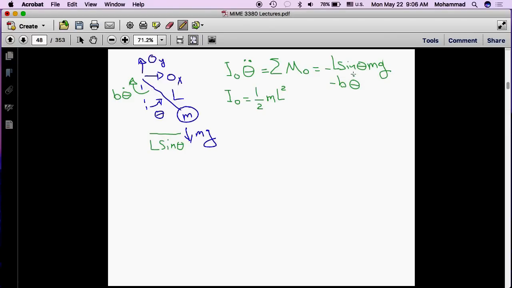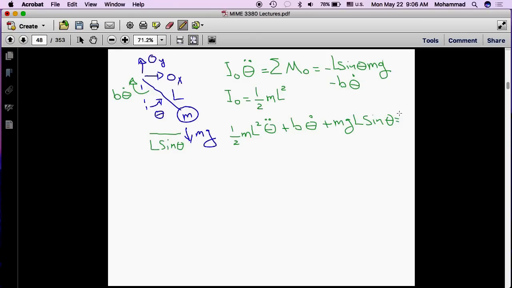Okay, the next step is to rearrange. So it's going to be 1/2 m L squared theta double dot plus B theta dot plus m g L sine theta, for now, equal to 0.